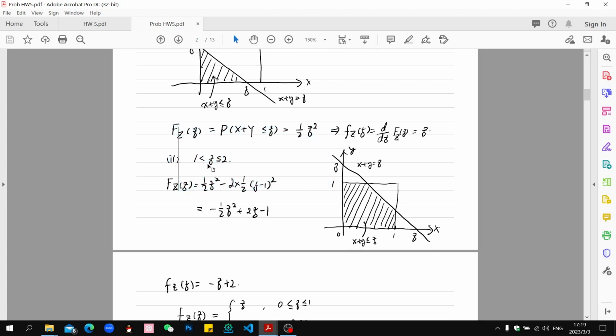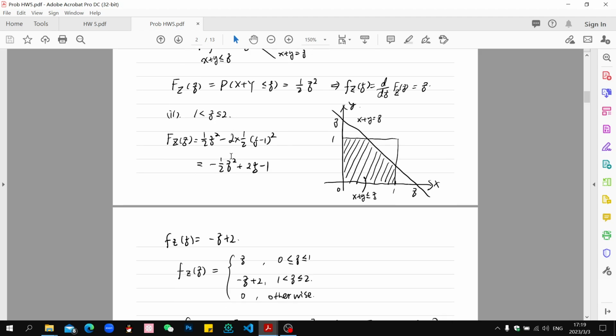And the second part is for z between 1 and 2. In a similar way, we can find the area of the shaded part. It is this triangle subtracted by this small triangle and this small triangle. That is 1/2 z squared minus 2 times this small triangle, the 2 times 1/2 (z−1) squared.